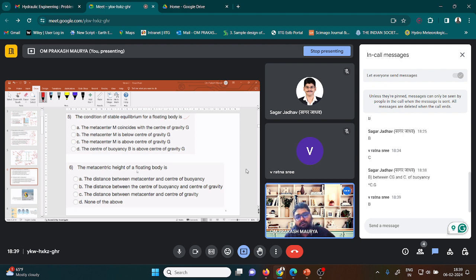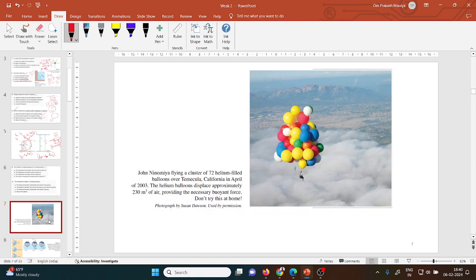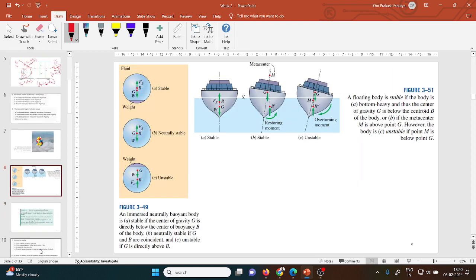Now I have a picture for you. Let me show you the pictorial representation. This is about the buoyancy actually. Due to the buoyancy force, you are able to float. Here I have some pictorial representation for you.